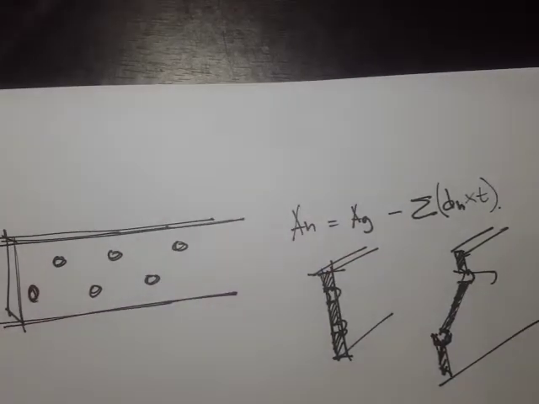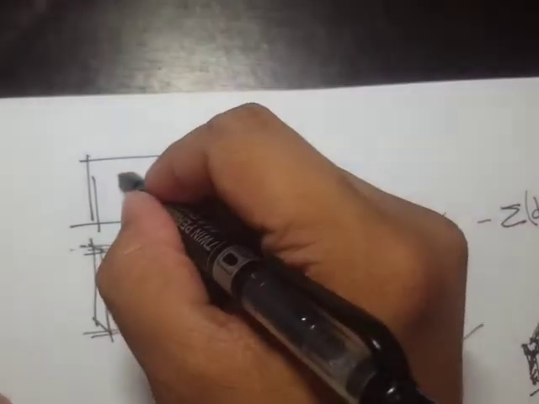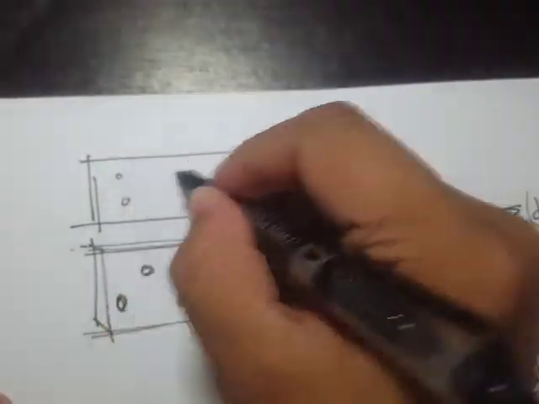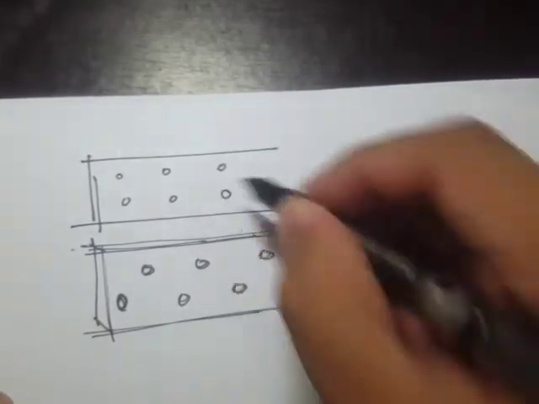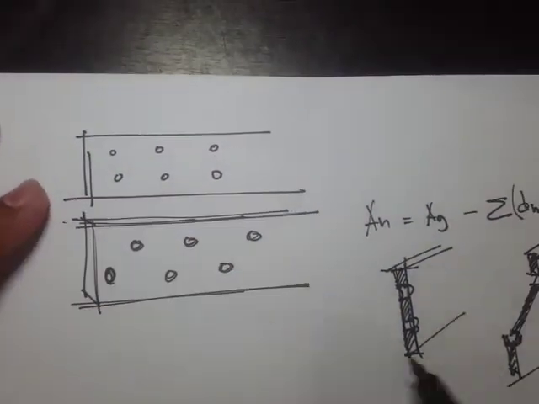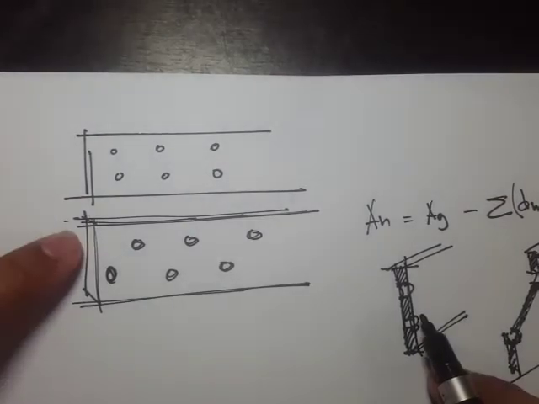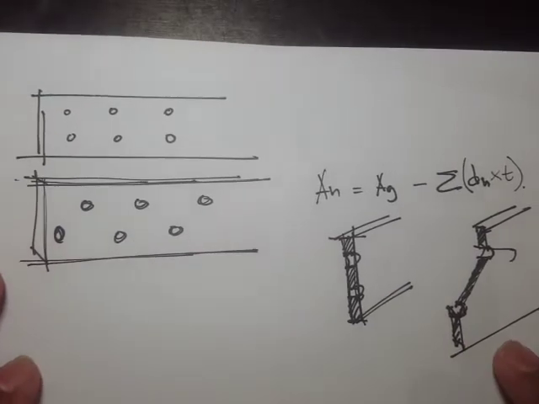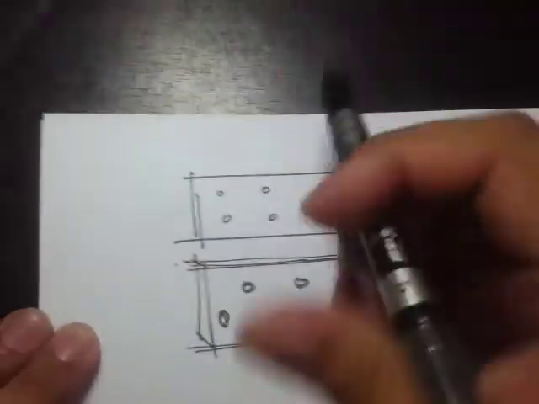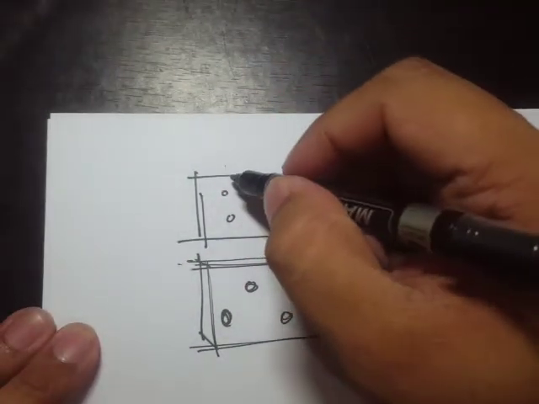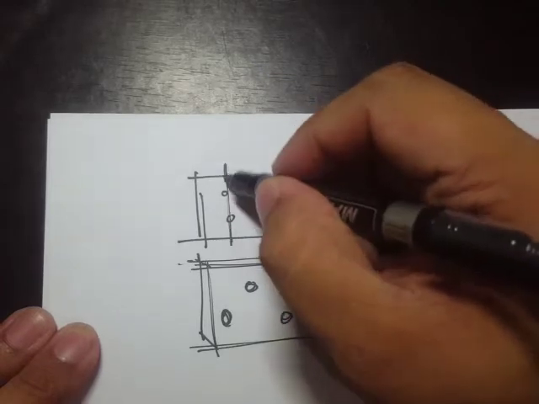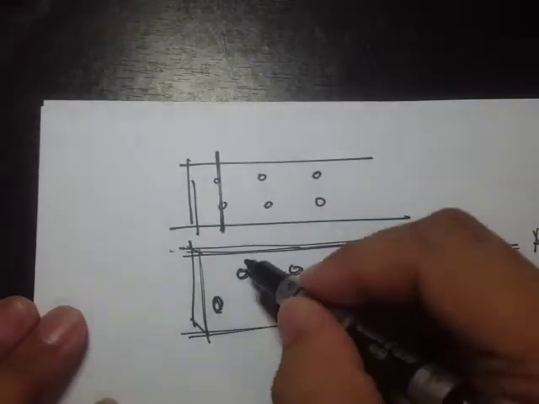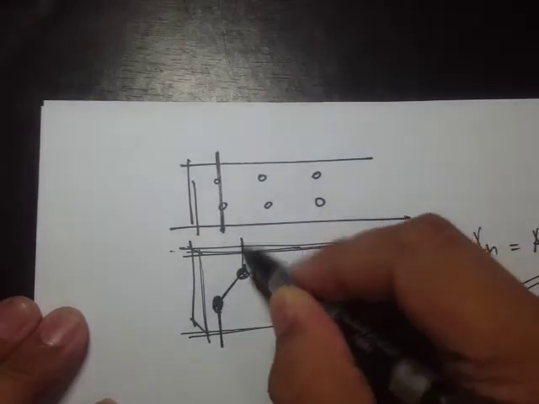If we compare this to an inline connection, for the inline, the sectional area would be something like this. But for the staggered connection, it will look something like this. So the failure plane and the fracture area will be this section, but for a staggered connection, it will be something like this.